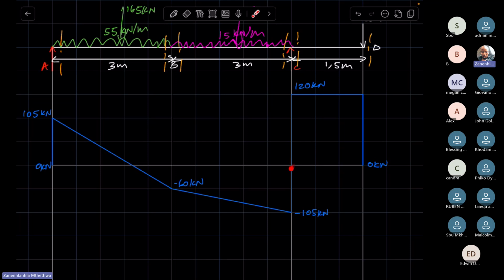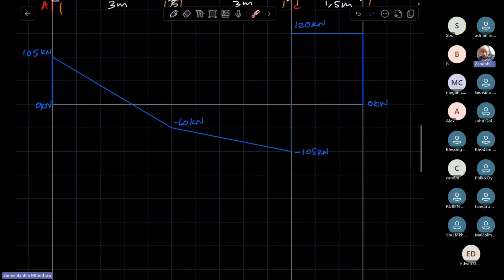Thus, in drawing the bending moment diagram, we need to consider this point.